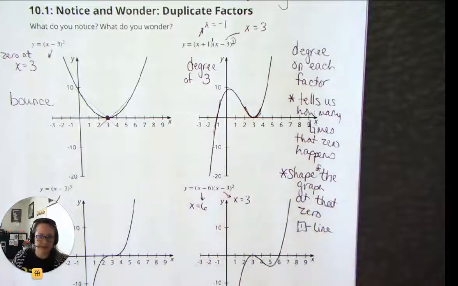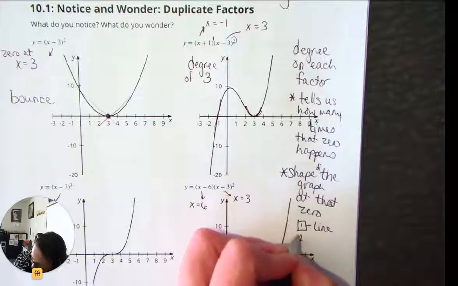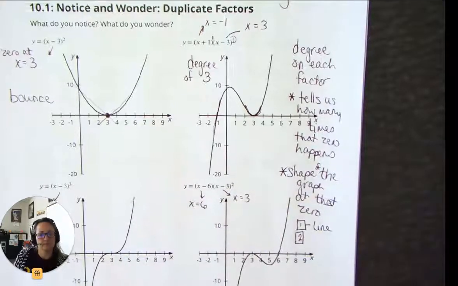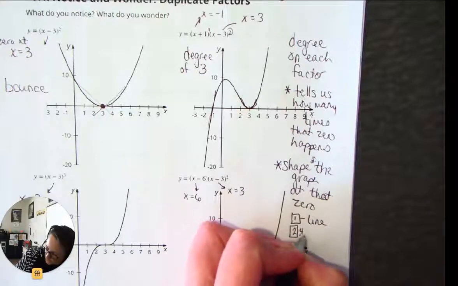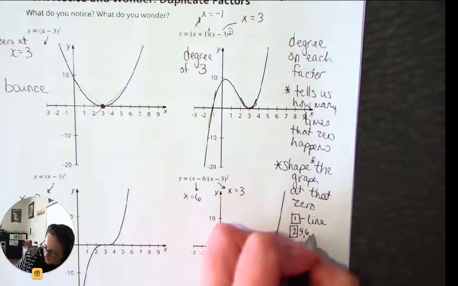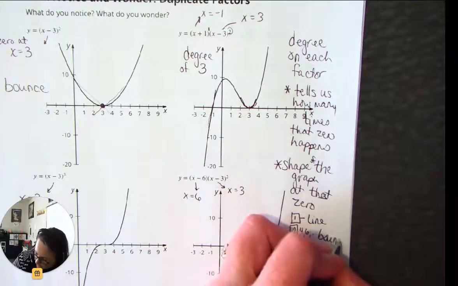It's just a line that's just passing straight on through there. If it's a degree of 2, or 4, or 6, or 8, even, we're going to see a bounce.